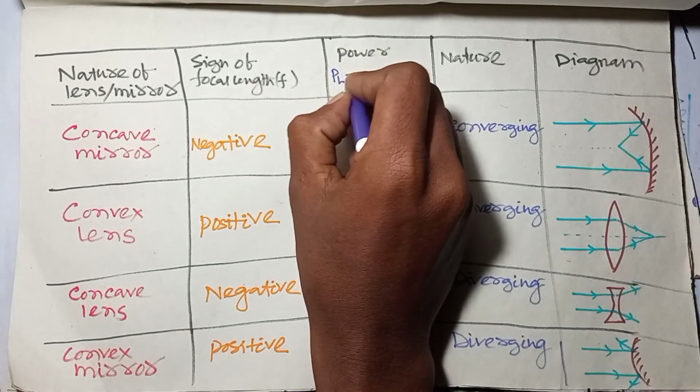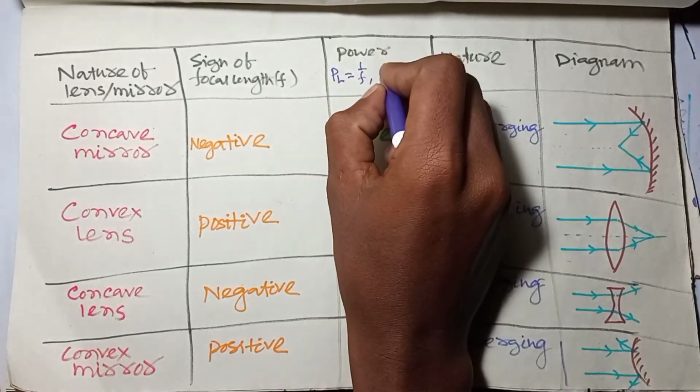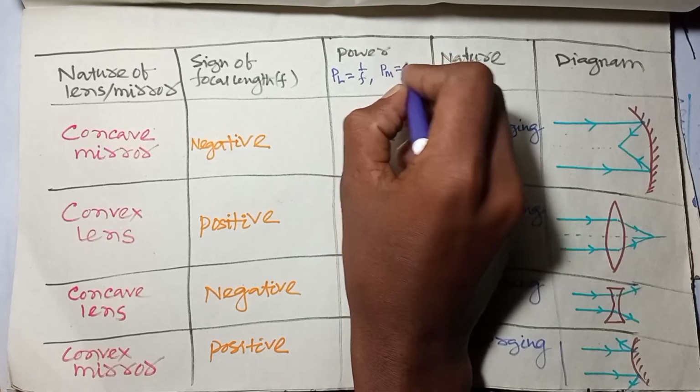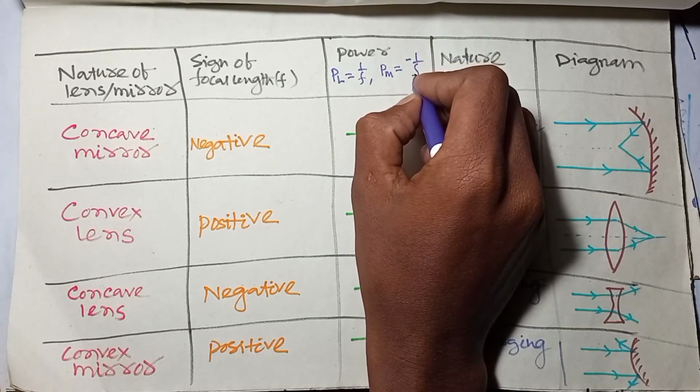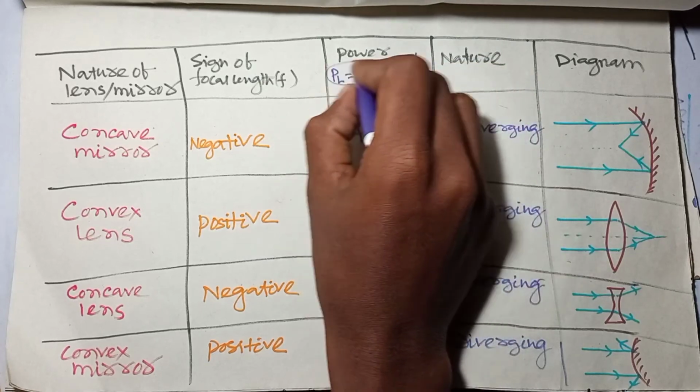The power of a lens is given by 1 upon focal length, but the power of a mirror is given by minus 1 upon focal length. This is a very important formulation.